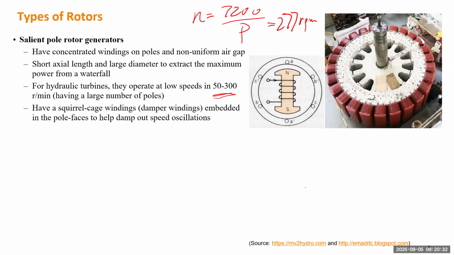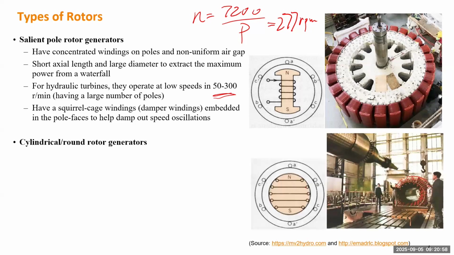The damper winding is isolated from either the field winding circuit or the stator winding circuit. It's like a squirrel cage design with maybe high resistive material. So if oscillating, there will be current induced in the damper winding. That damper winding will convert the oscillatory energy into heat, which helps damp the oscillation.